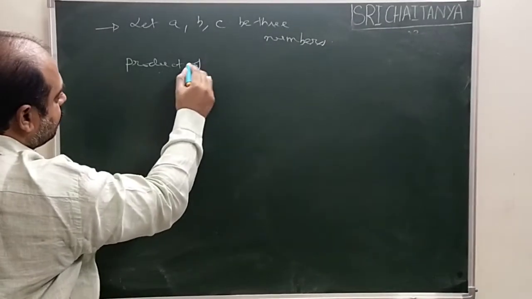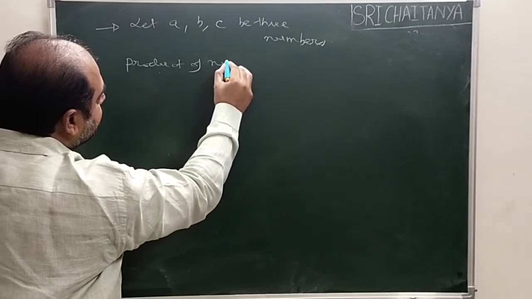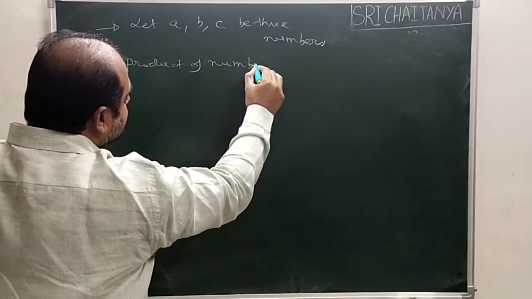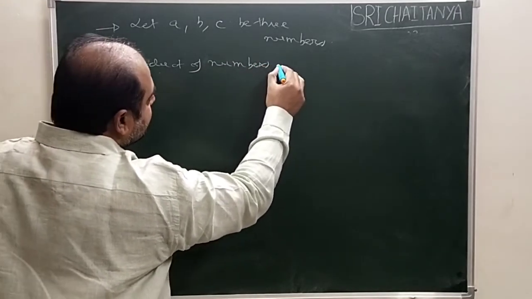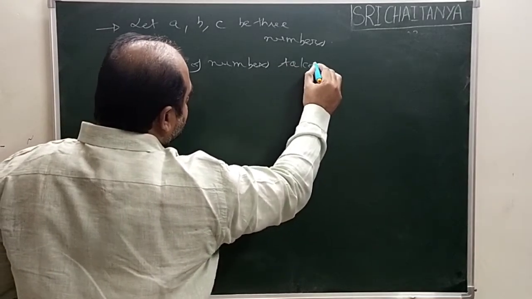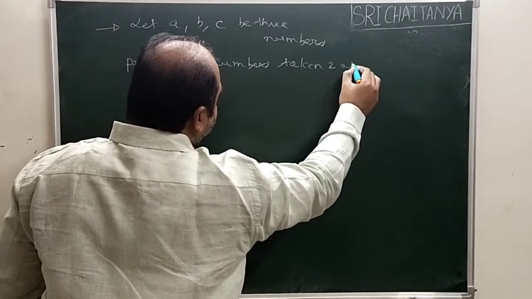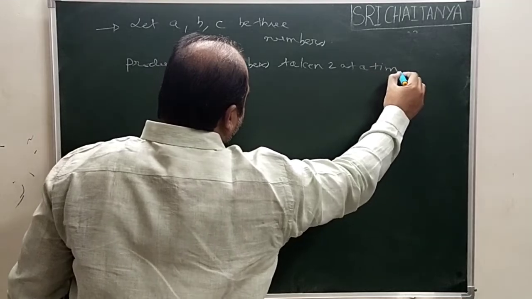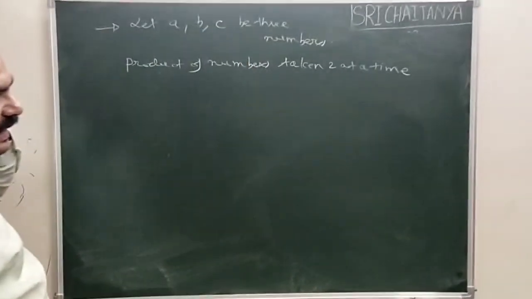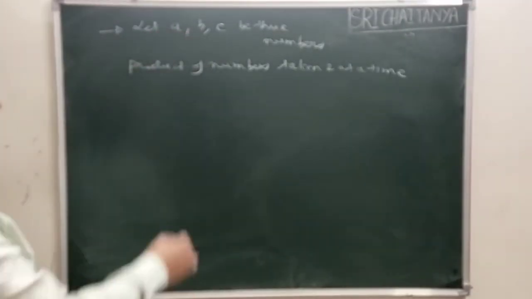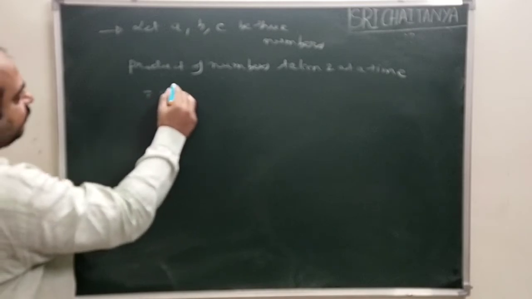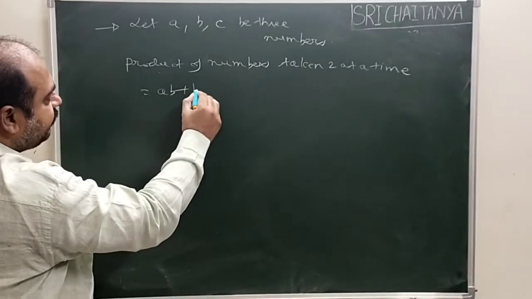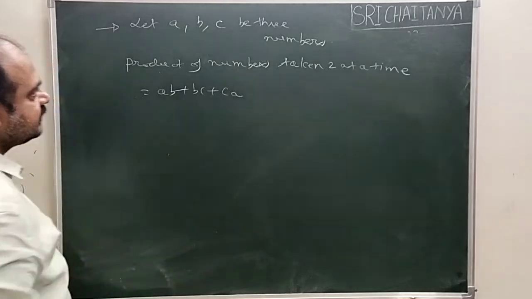Product of numbers taken 2 at a time. Taken 2 at a time means these numbers are there. Product of numbers taken 2 at a time means this.